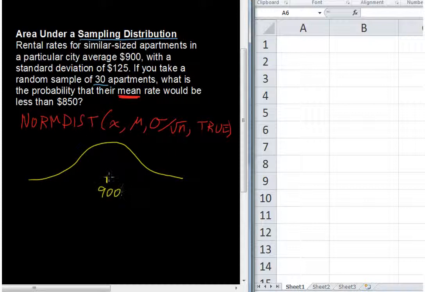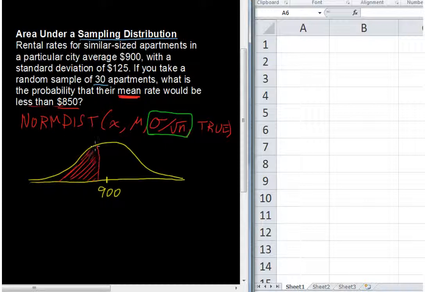So we've got this mean at 900, and we've got a certain standard deviation, but this standard deviation is actually shrunk by dividing it by the square root of the sample size. But what we're looking for is the probability, or the area, to the left of 850, less than 850. So that's right here, 850, and we're going to shade that.